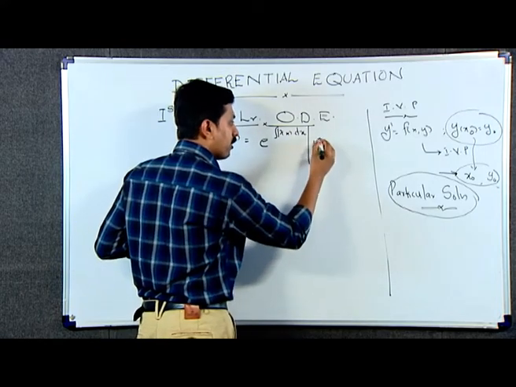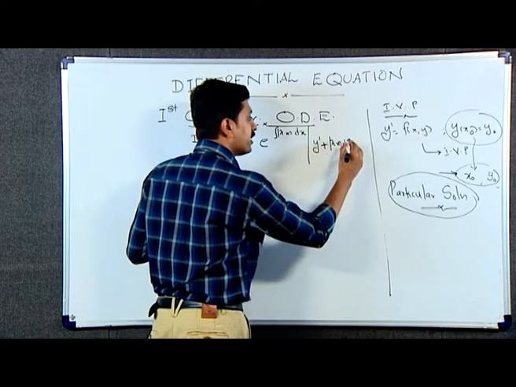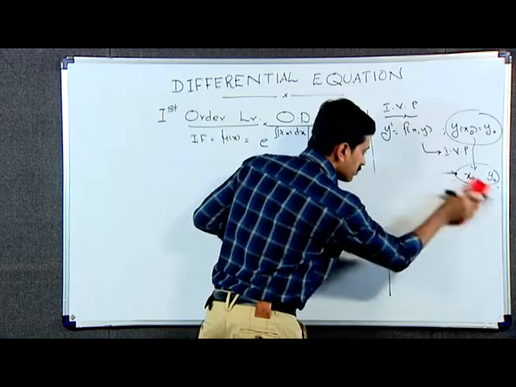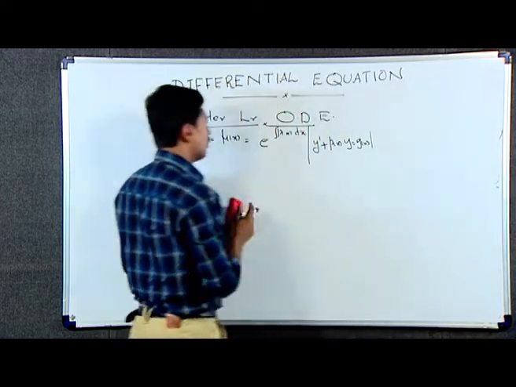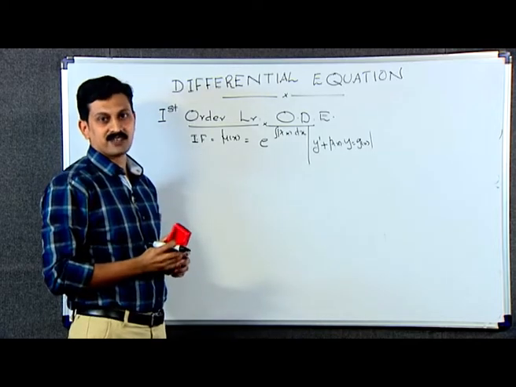Our equation is y dash plus p of x into y is equal to g of x. This is the coefficient function of y, so by using that function, we can simply find the integrating factor.